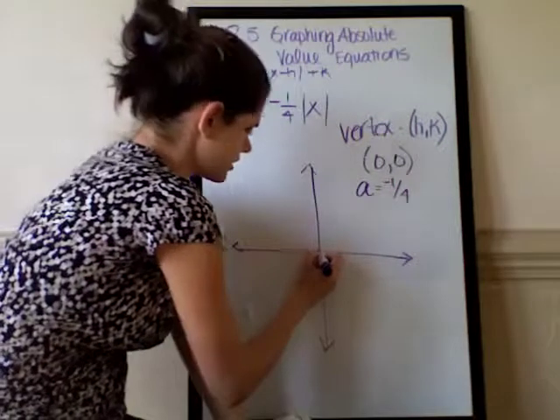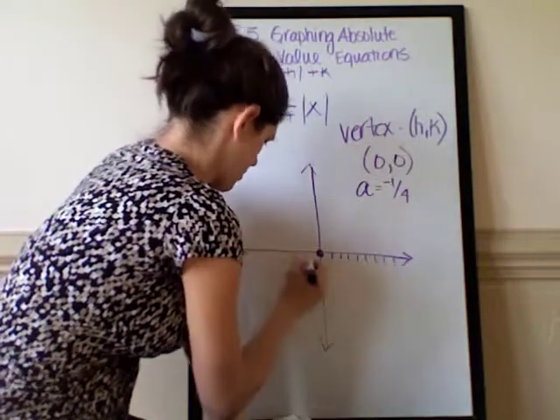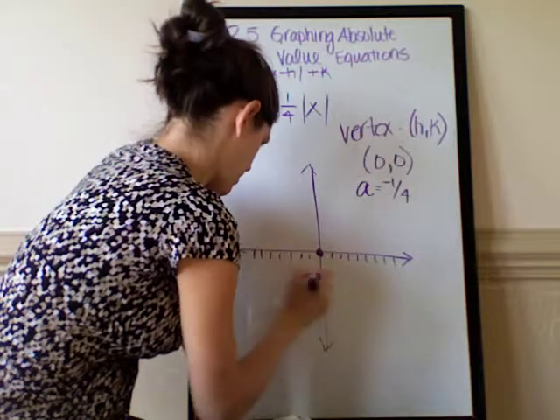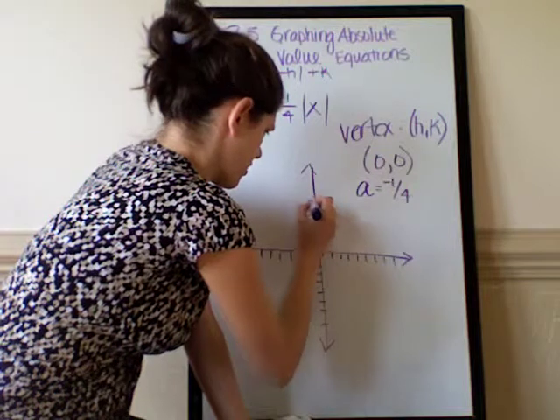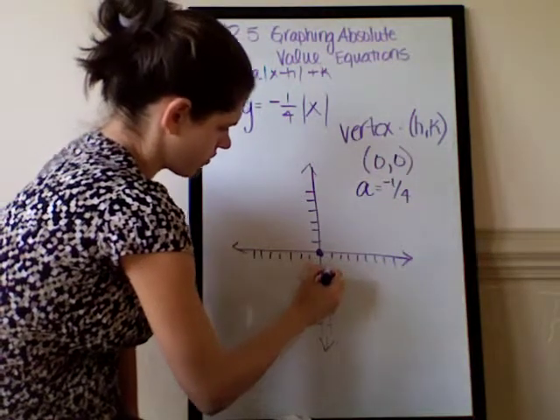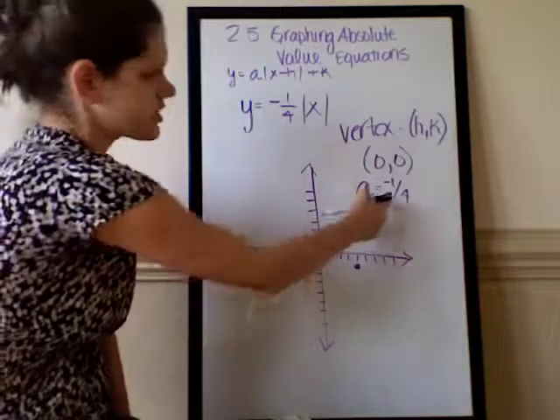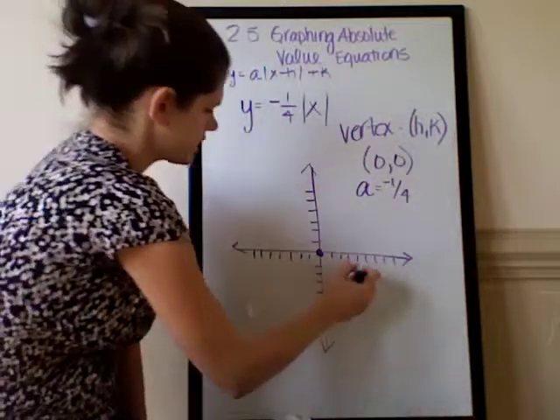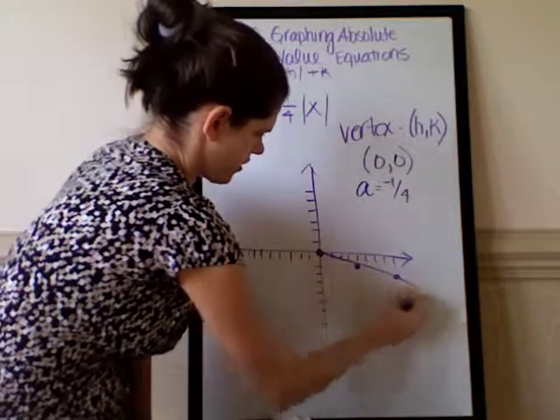So let's plot my 0, 0. Alright, so down 1 over 4. It's going to be wide again, remember, because it's a fraction. Down 1 over 1, 2, 3, 4.